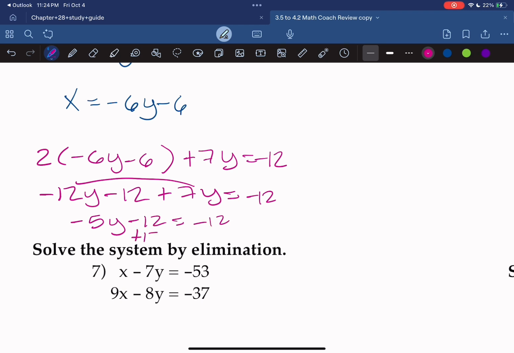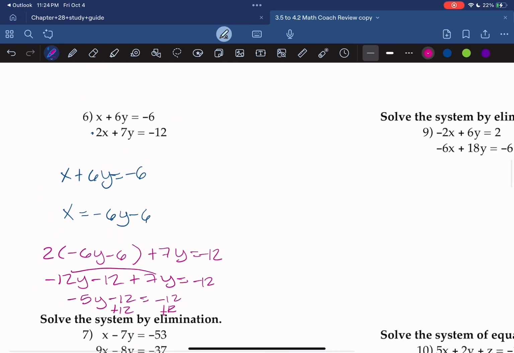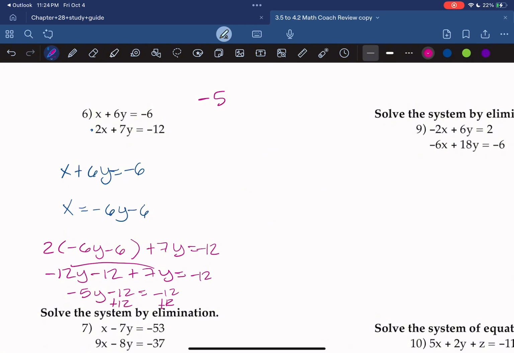Add 12 to both sides. So it's going to be negative 5y equals 0. Divided by negative 5, divided by negative 5. Y equals 0. Now we can have a value equals 0, but we cannot have a variable equals 0 because that would be no solution.